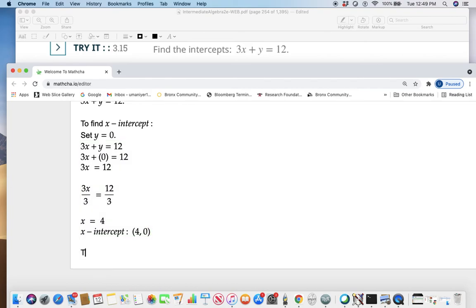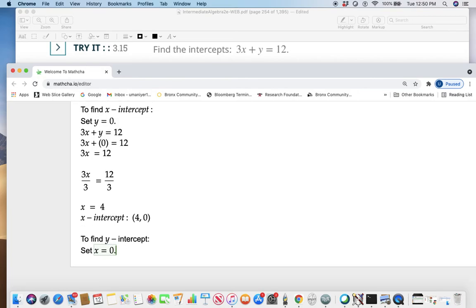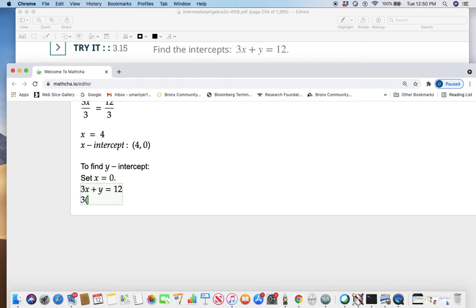To find the y-intercept, set x equals 0. Once you set x equals 0, go back to your original equation and put 0 for x. 3 times 0 is 0.